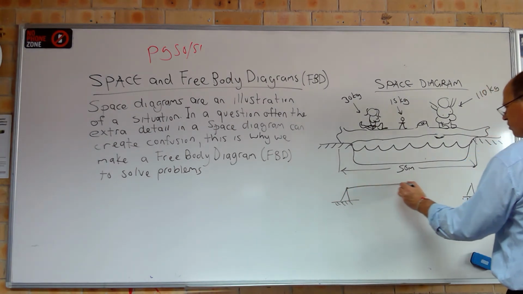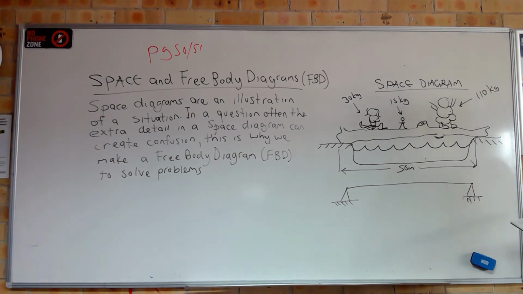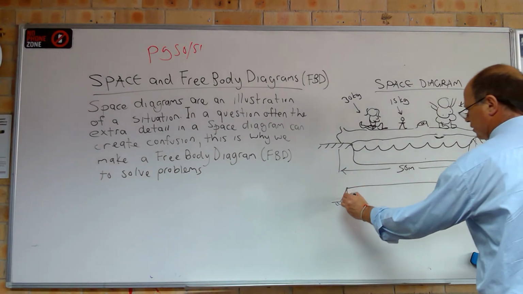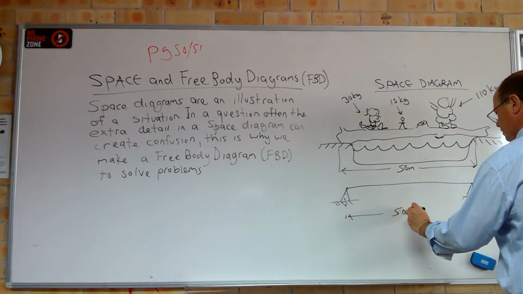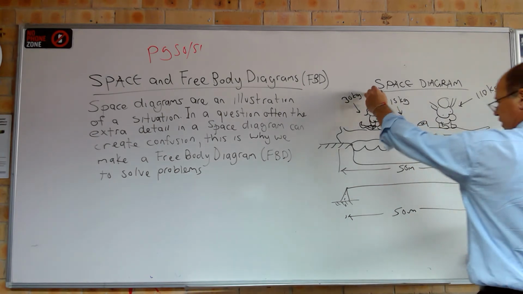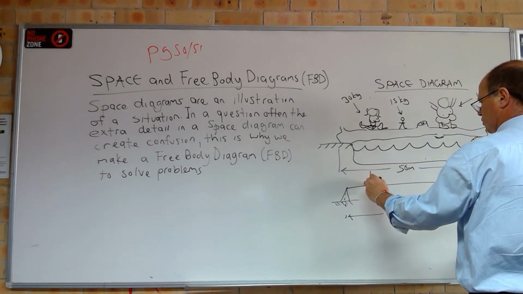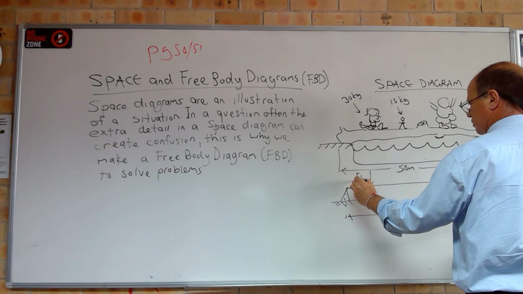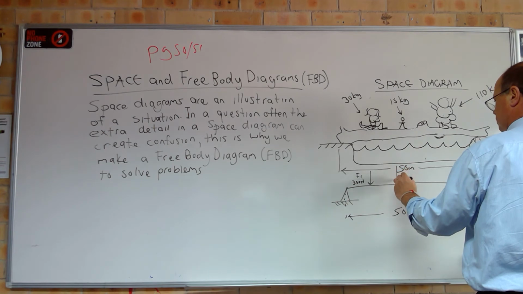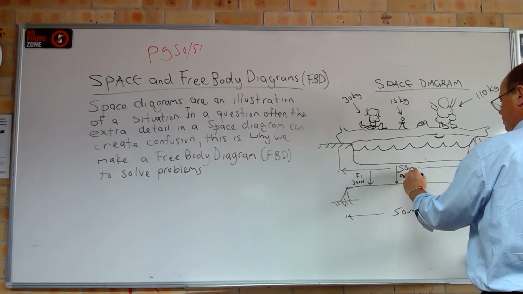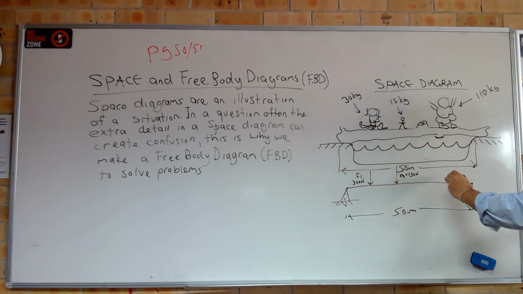of superfluous details. So we've got basically some fixed supports for the log. We know that our distance is 50 meters, and then we know our weights are this one here. We'll do the arrows. F1 equals 300 newtons, and then F2 equals 150 newtons because it's 15 kilograms, and this one's a much bigger arrow, and it would be 1100 newtons, F3.